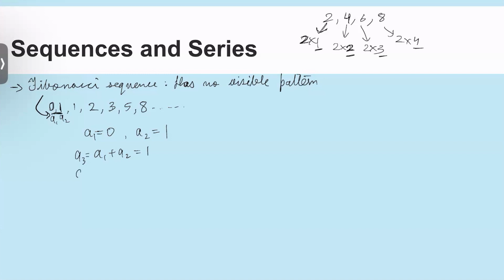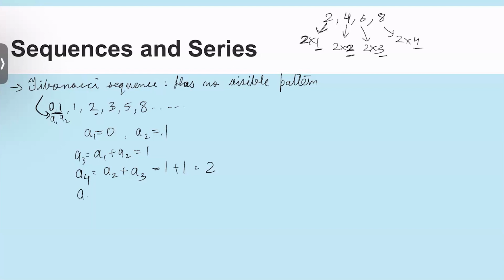Now suppose you take A4. How do you get A4? If you add your A2 plus A3. What was your A2? Your A2 was 1 and your A3 is also 1, and then you get 2.